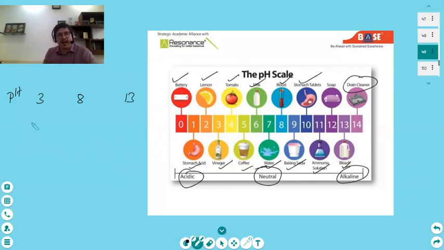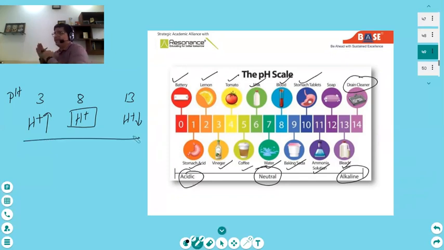So H plus ion amount will be more in this, less in this, and intermediate between these two. Then I ask in which case the OH minus ion concentration is more. Then OH minus ion concentration is high here, lower here, and in between for these two.